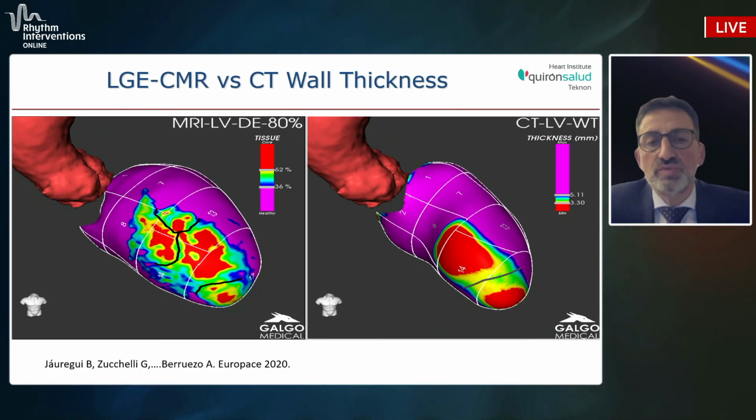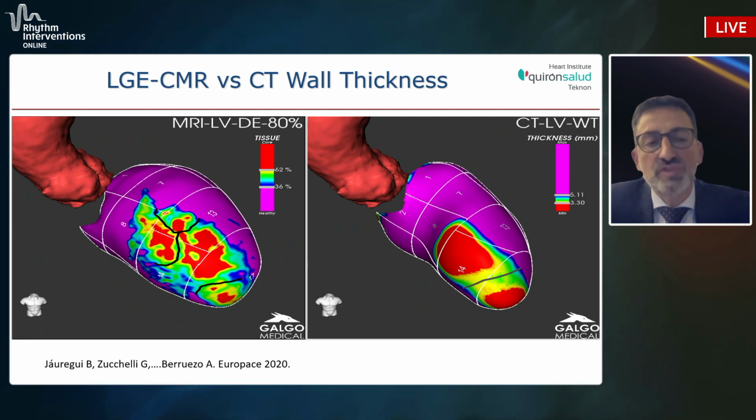Here, only to show you that MRI is more sensitive than wall thickness analyzed from CT scan to identify channels. These belong to the same patient. This patient had a septal scar. Here you can see that MRI identified two different channels, and when we look at the left ventricular wall thickness map, we were able to identify only one.